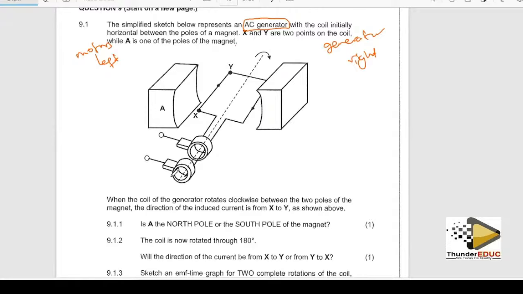So the question is asking us that when the coil of the generator rotates clockwise, just as indicated, between the 2 poles, the direction of the induced current is from X to Y, as shown above. Is A the North Pole or the South Pole?